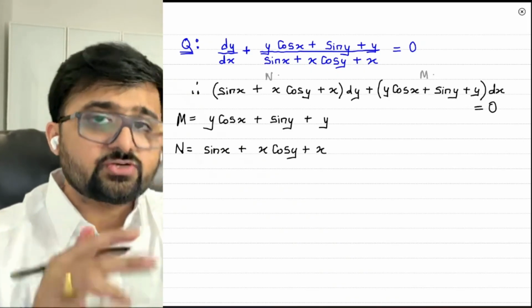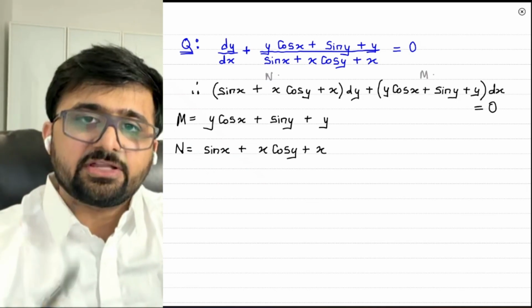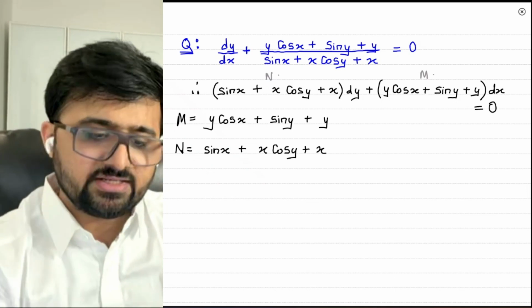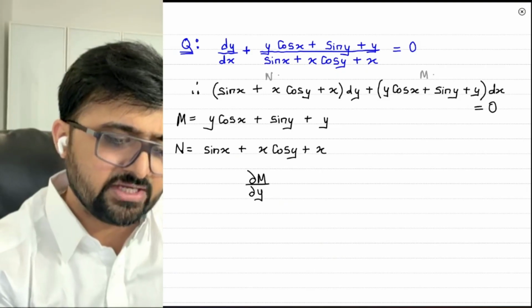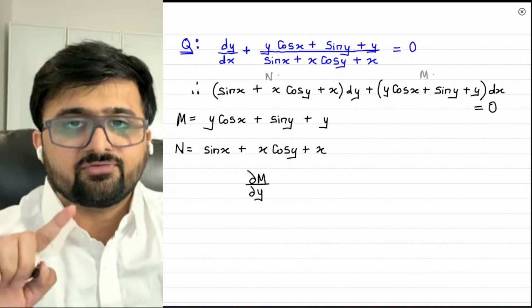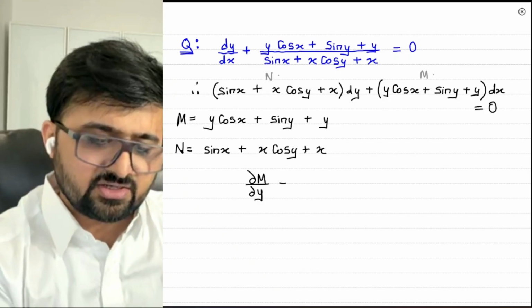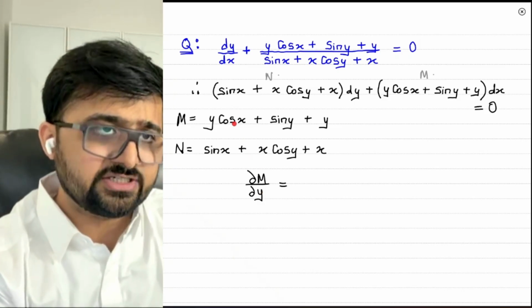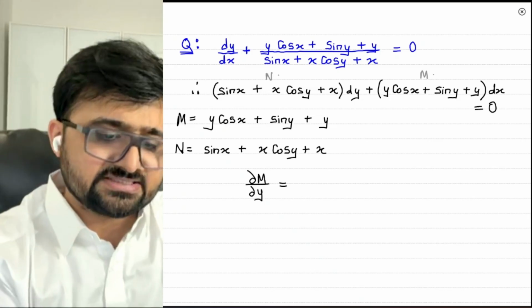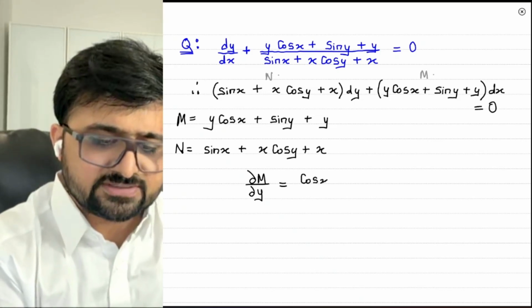Remember, we need to take two derivatives. We need to take the partial derivative of M with respect to y, and then the partial derivative of N with respect to x. Okay, the partial derivative of M with respect to y. Remember, with respect to y, x is constant. So if you differentiate this, cos x is constant. So you have cos x.